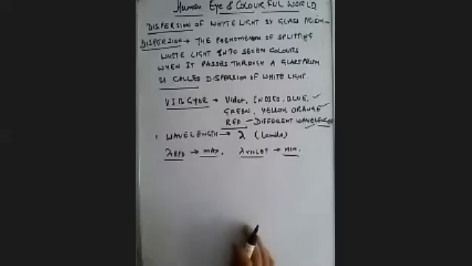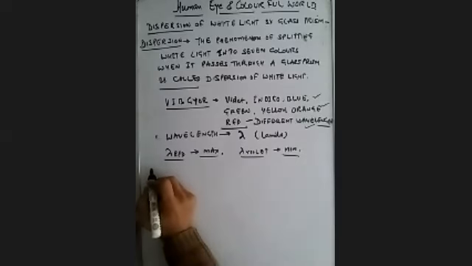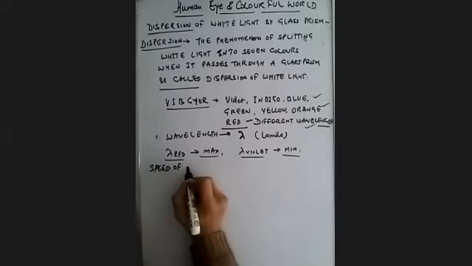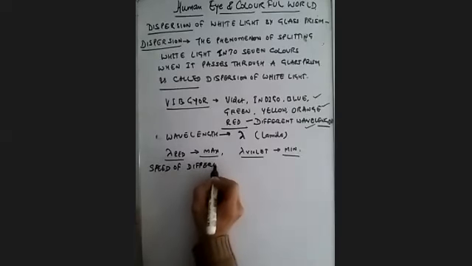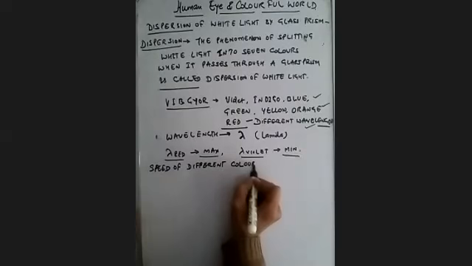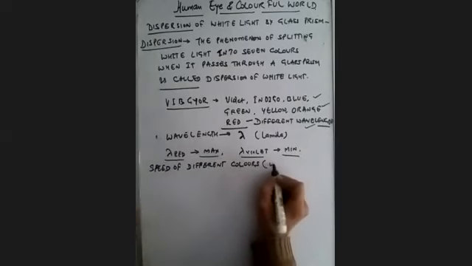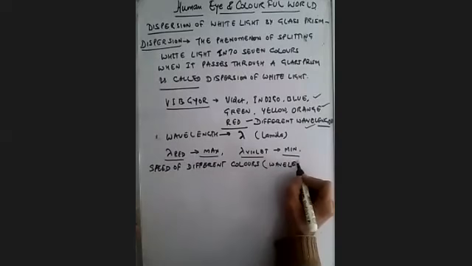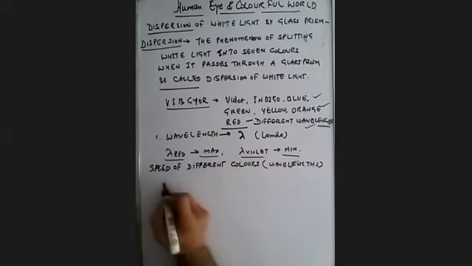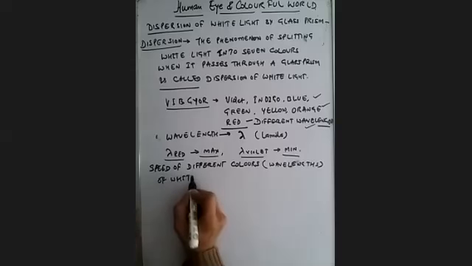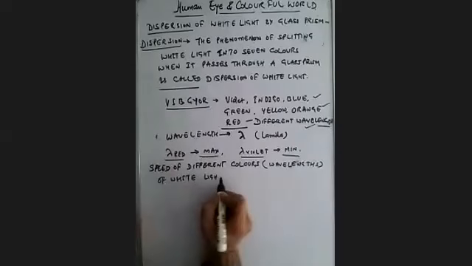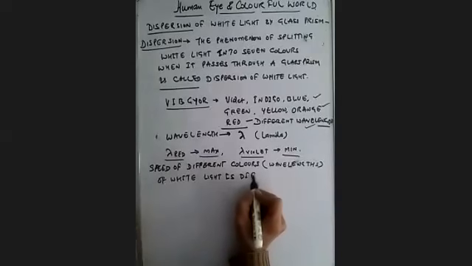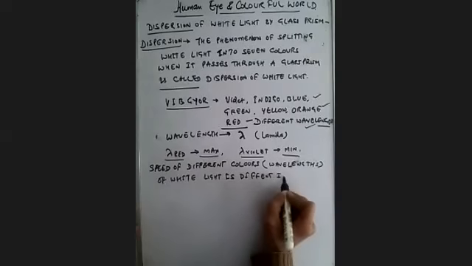Now, what actually happens? Let us understand. Just remember one thing, that the speed of different colors of white light, or different wavelengths, is different in any medium.